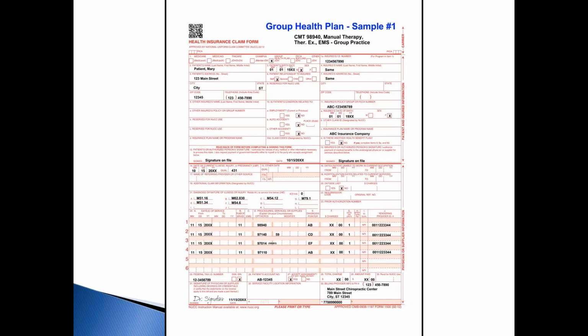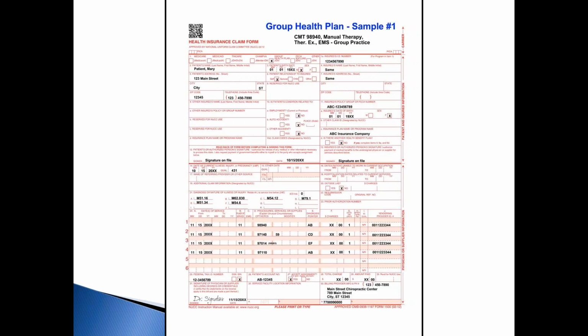So let me now continue what I was about to say. This is a situation for educational purposes. This might not be practical in your office. So just understand, I'm showing you this for educational purposes to explain how you can, if you really wanted to get very, very specific, show for each service you're providing what body part and what diagnosis is attached to the CPT code.